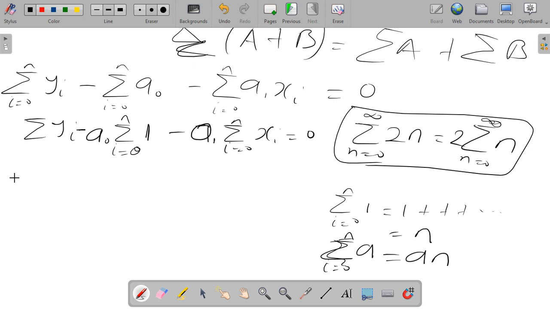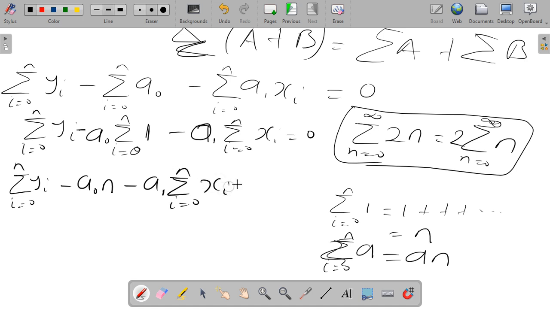So I'm going to have that this is the summation of your yi, as i starts from 0 to n, then here will now be minus a0 n. Then minus your a1 the summation of i starting from 0 to n of your xi is equal to 0.